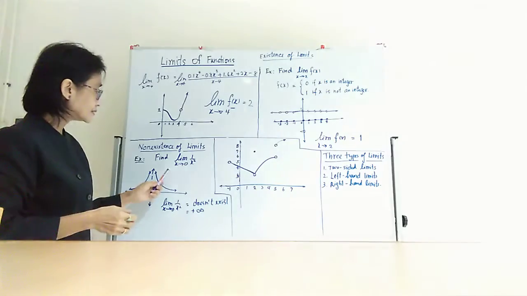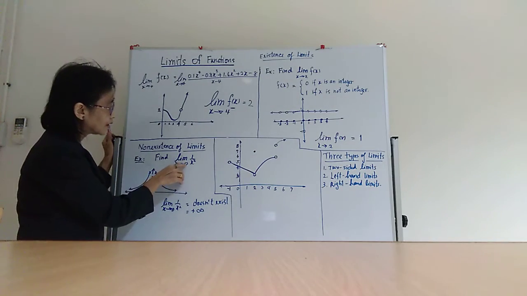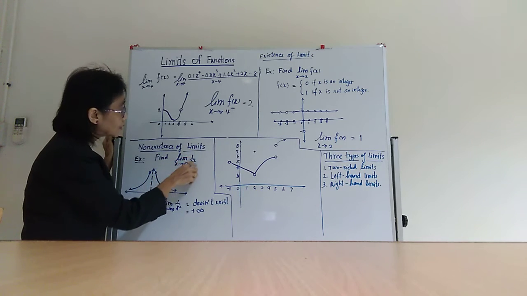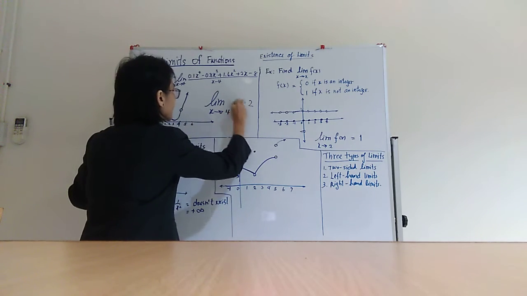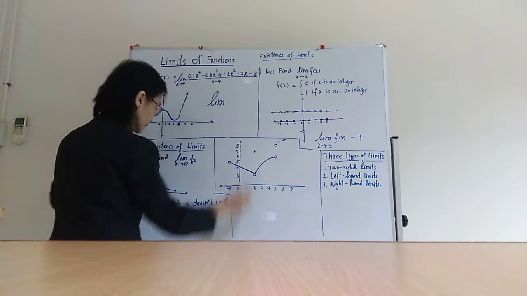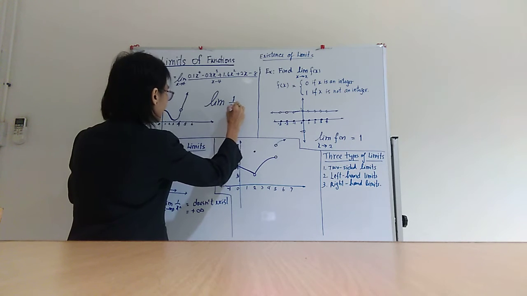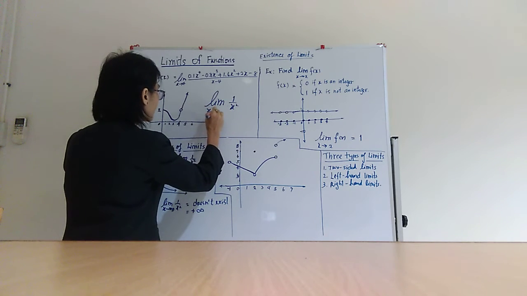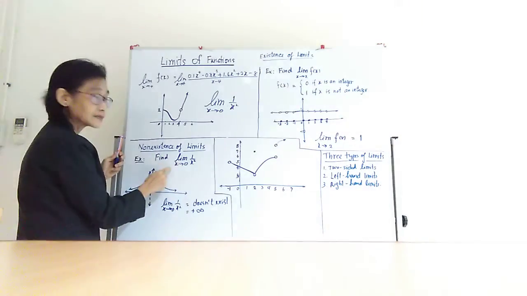This is the same idea. Like you see from this limit, I write it down here: the limit of 1 over x squared when x equals 0. For example, we come back to this example.